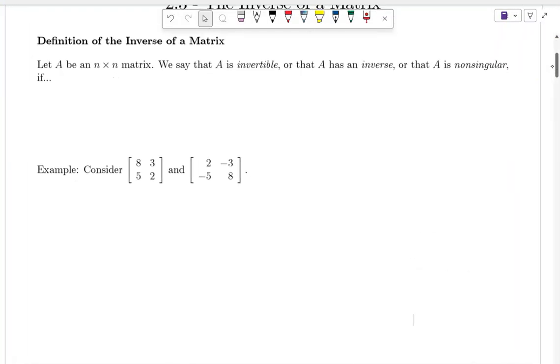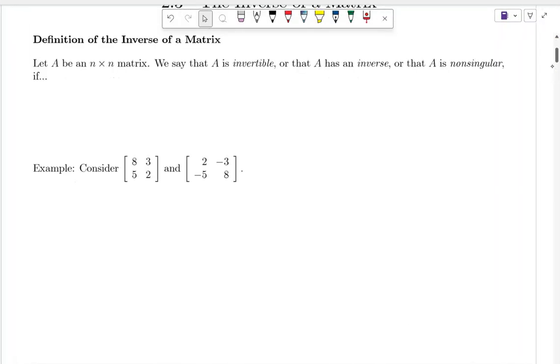There are a couple of words that we use interchangeably with having an inverse. We'll say A is invertible, or A is non-singular. That's another word that is used. So the definition: notice first that in order to have an inverse of a matrix, we need a square matrix to start with.